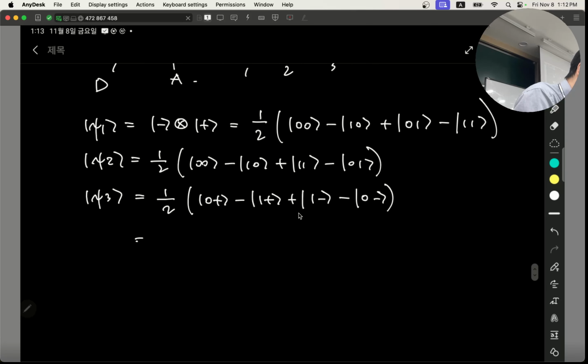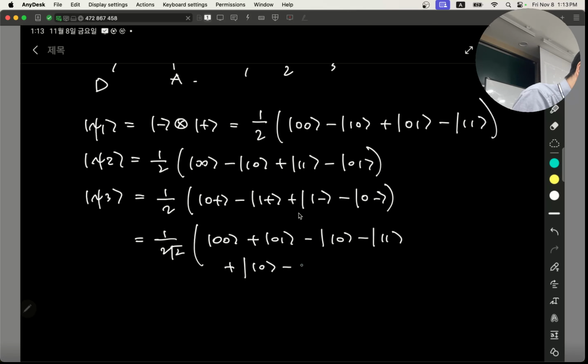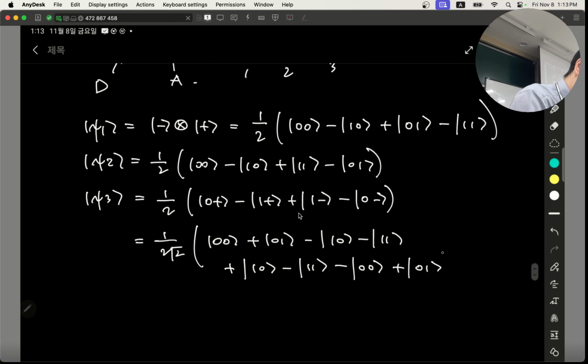But let's finish this operation. So here you have 00, 01 minus 10, 01, 11, and 10 minus 11, 00 plus 01. Okay. And then there should be some canceling out.